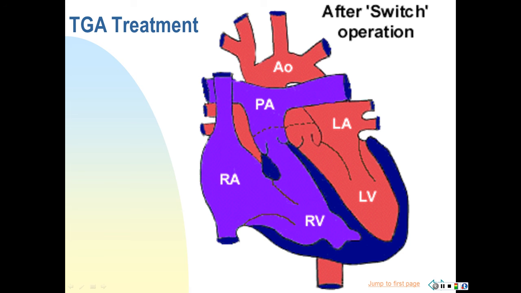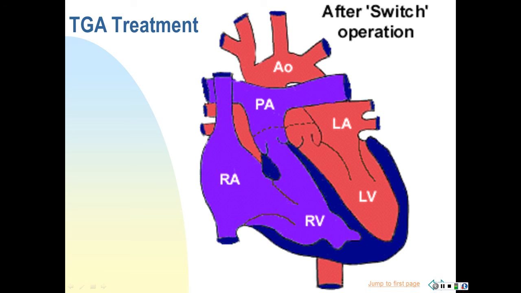They come off the aorta right at the root, right at the beginning. So when they do the switch, they also have to take the coronary arteries off the right ventricle side and reimplant them over here, so they're coming off the new aorta in the left ventricle.